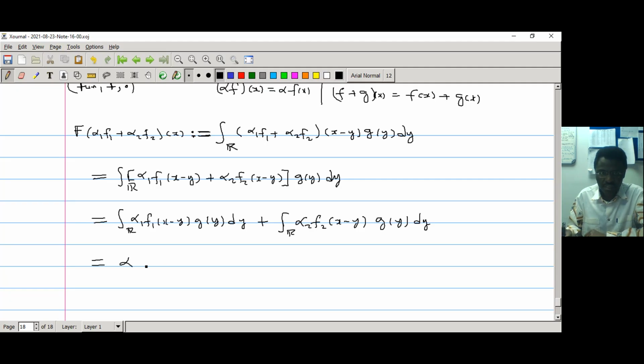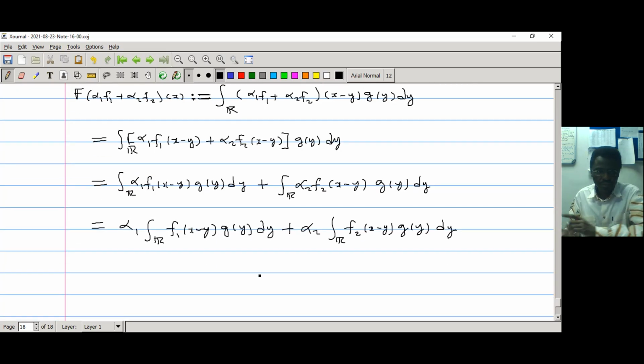So I just take that alpha 1 like this, and then the integral of f1 of x minus y g of y dy plus alpha 2 times the integral of f2 of x minus y g of y dy.